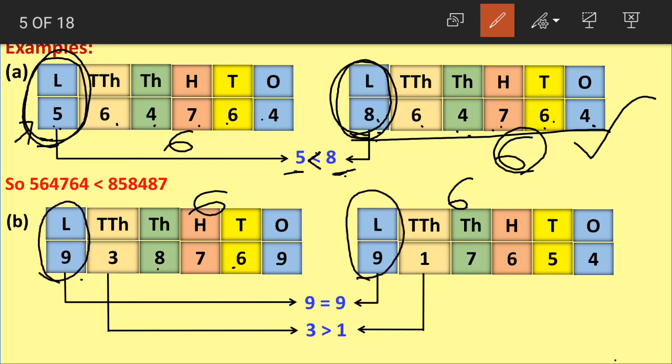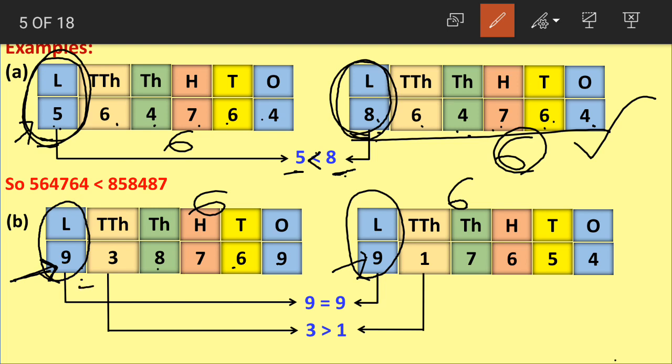Now which number is present in the highest place value? 9. In the first number we have 9 at lakhs place, and in the second number also we have 9 at lakhs place. Both the numbers are same, right? So we cannot say which number is the highest by simply comparing these two nines at lakhs place.